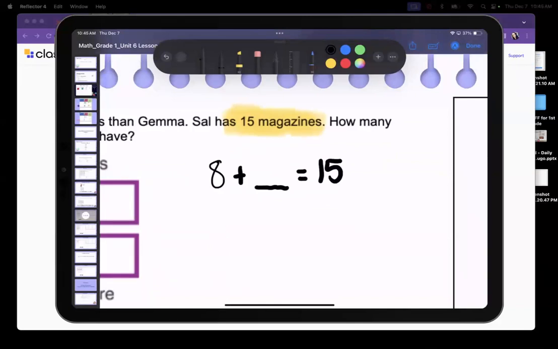8 plus what is 15? If you have 8 in your head, you have to count up to 15. 1, 2, 3, 4, 5.